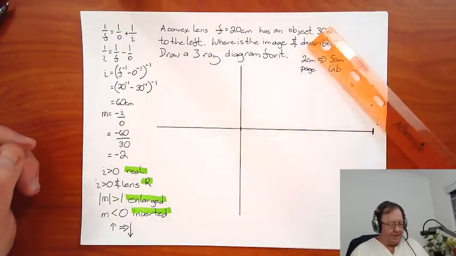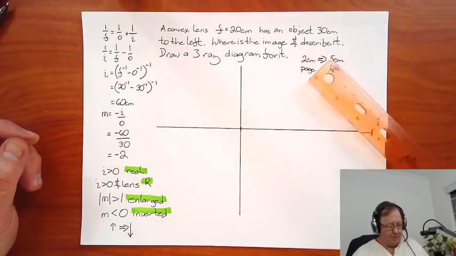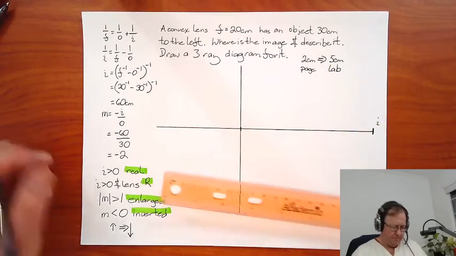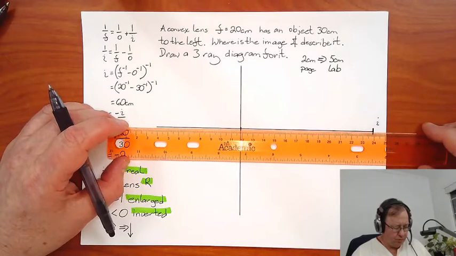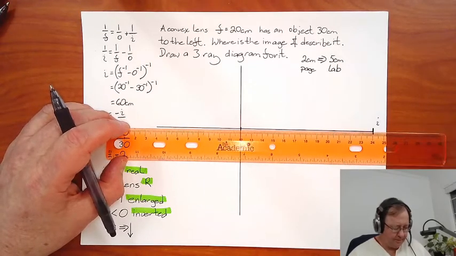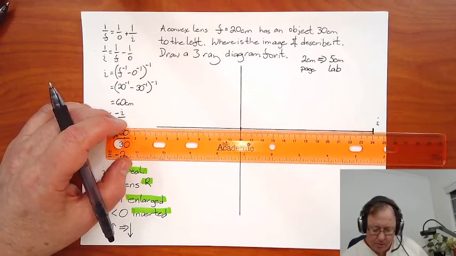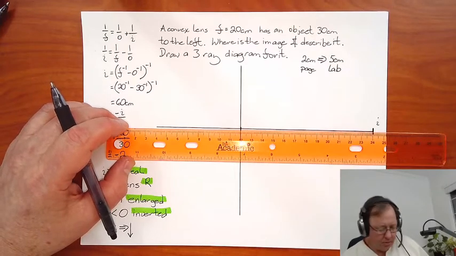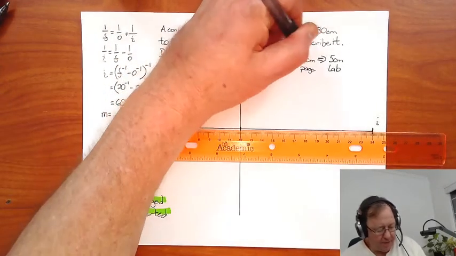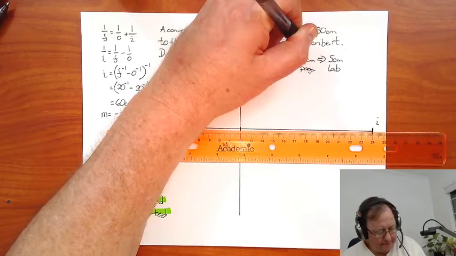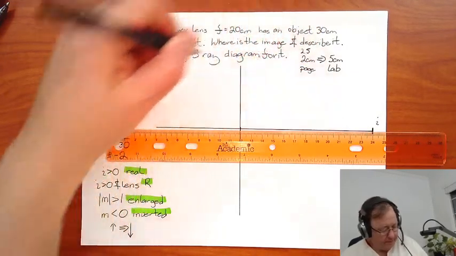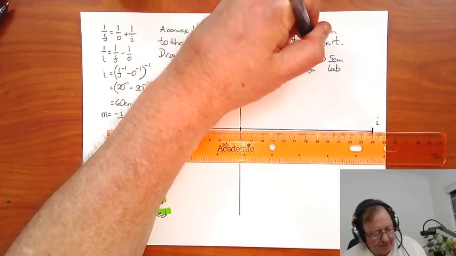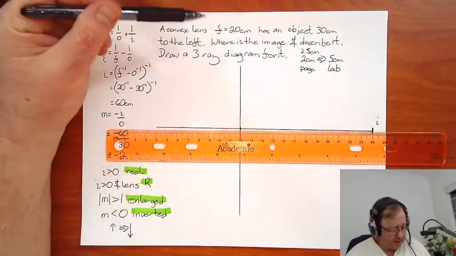The object is 30 centimeters, which means this is, let's see, well, actually, I got it, 2.5. It's 2.5 centimeters that I picked for some odd reason.